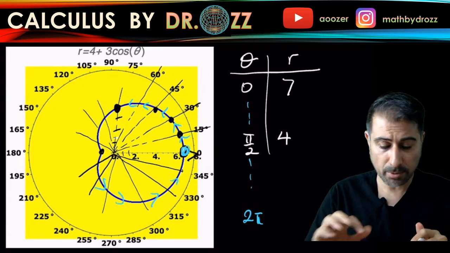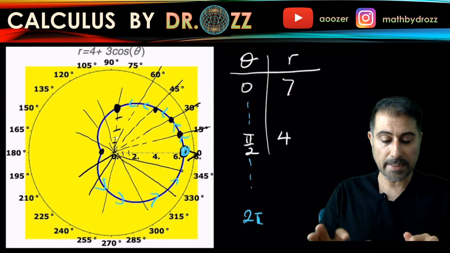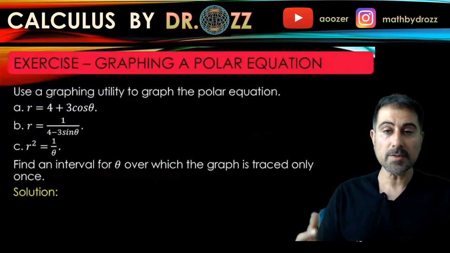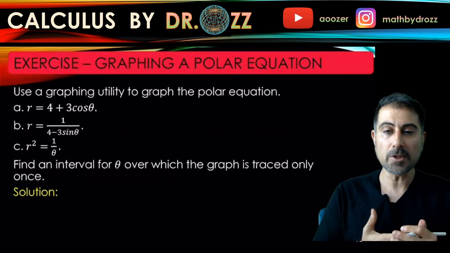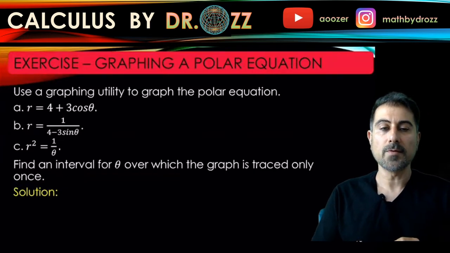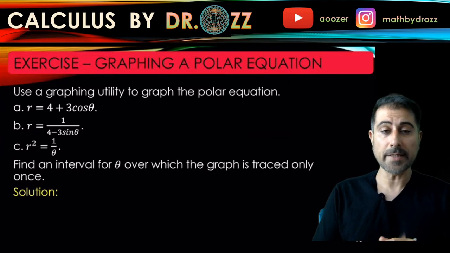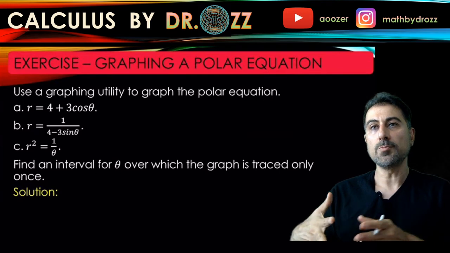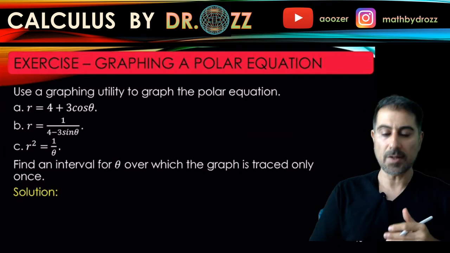I think that's what the question is originally asking for: find an interval for theta over which the graph is traced only once. Using knowledge from trig that cosine is a 2 pi periodic function, choosing theta min to be 0 and theta max to be 2 pi is very wise.